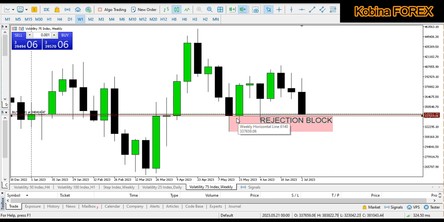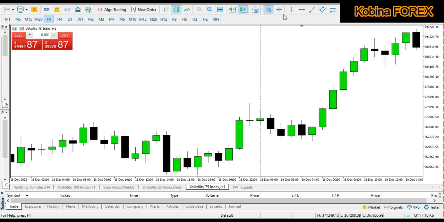Where do we put our stops? To minimize your risk, the best you can do is to even wait and not take the trade for price to come down into this area. Let me show you on a smaller time frame.